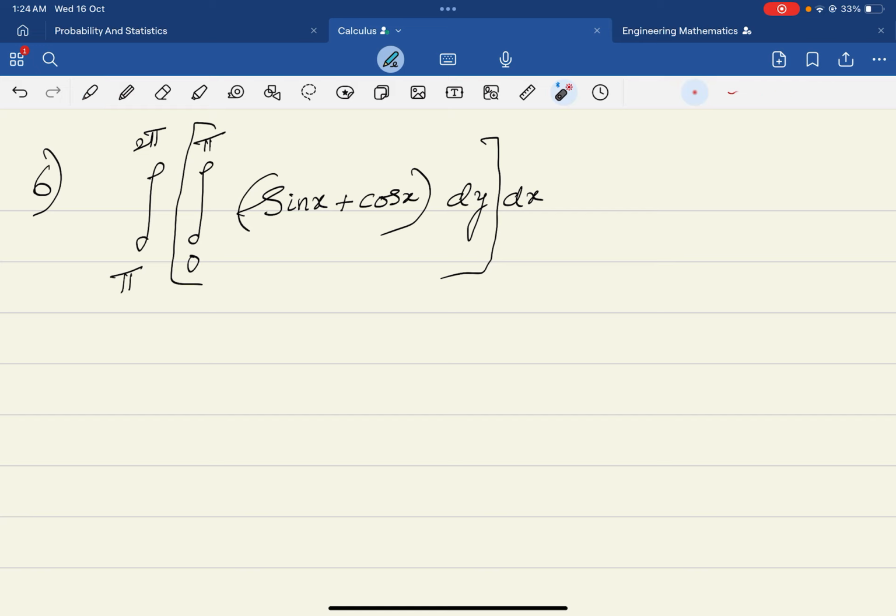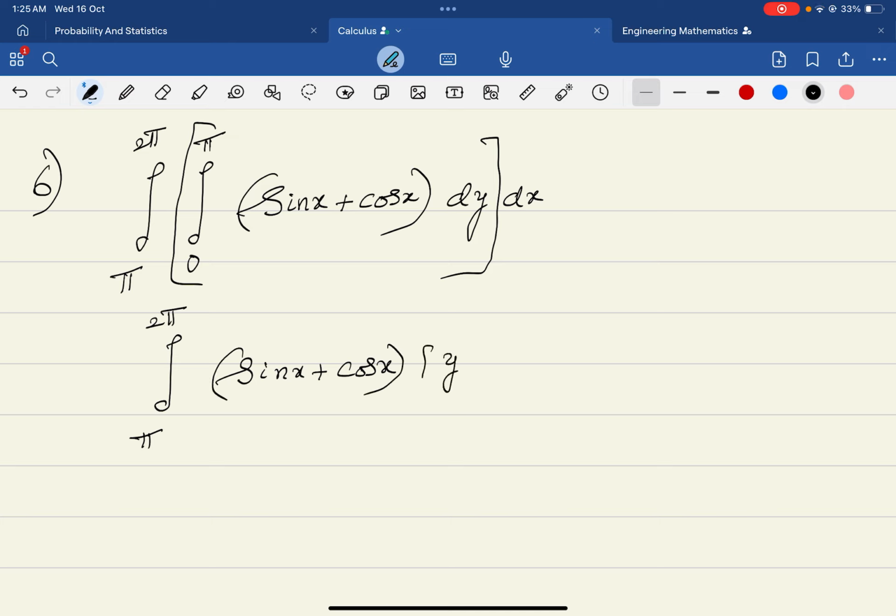When you integrate with respect to y, you have to send this to the outside because it consists of x terms. So what we do now is integral of pi to 2 pi, we take sin x plus cosine x outside of the integration, and integral of dy is y within the limits 0 to pi, dx.